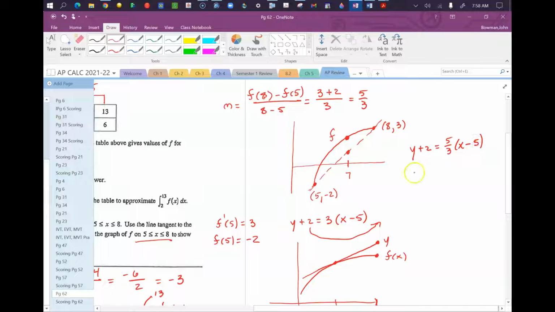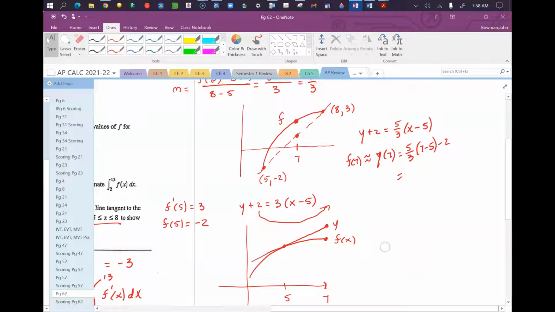Plugging in 7, f of 7 is approximately equal to y of 7, which is 5/3 times 7 minus 5, minus 2. When you simplify that, you get 10/3, because 5/3 times 2 is 10/3, minus 2, which is 6/3, which is 4/3.